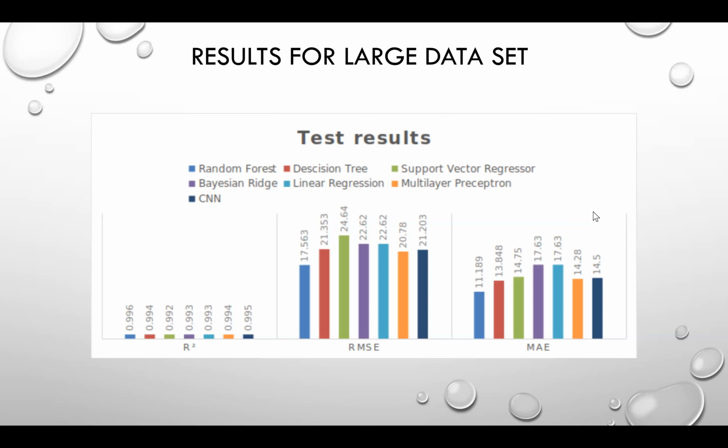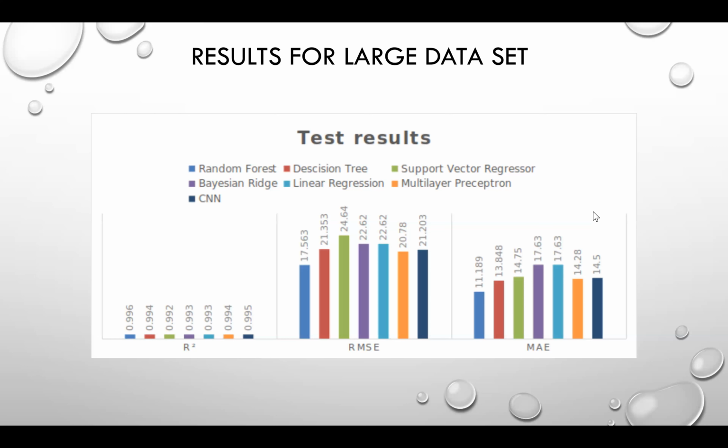As shown here, when applied to the whole data set, the random forest regression model performed the best, with an R-squared of approximately 0.996. The mean absolute error was 11, and the root mean square error was 17.5.